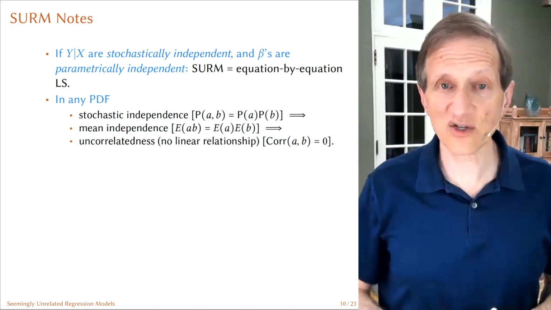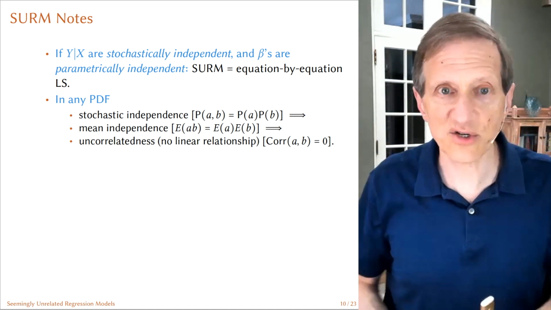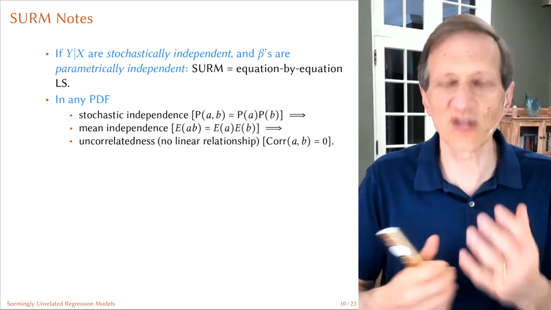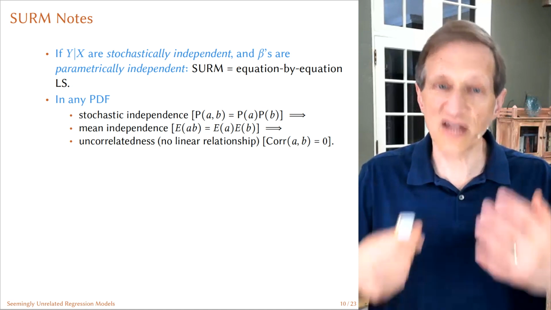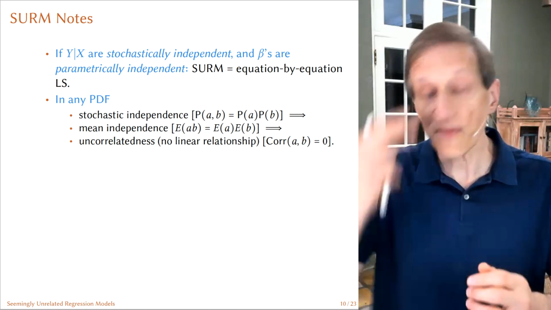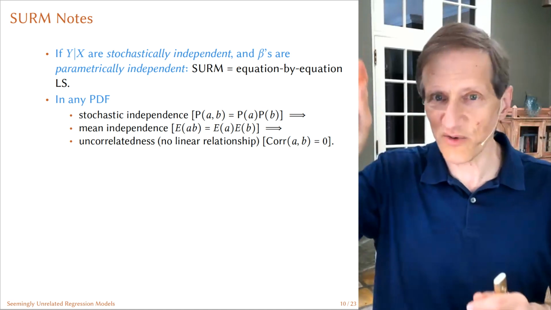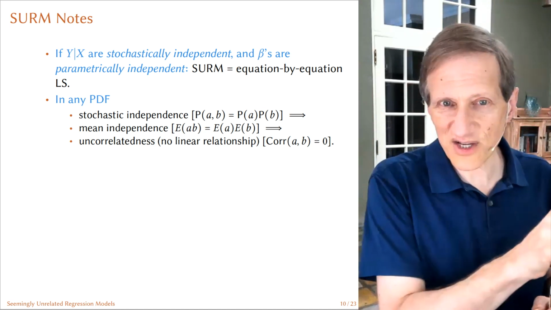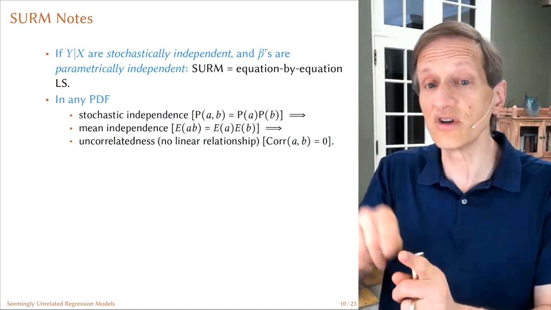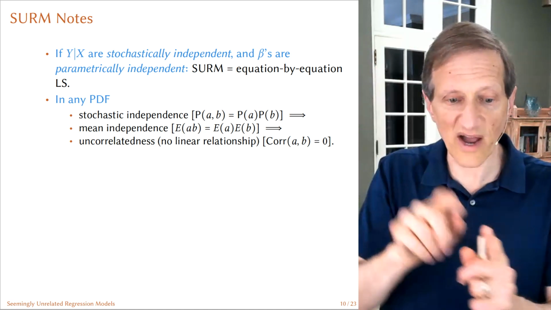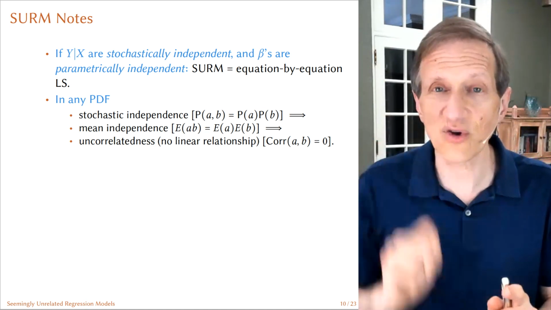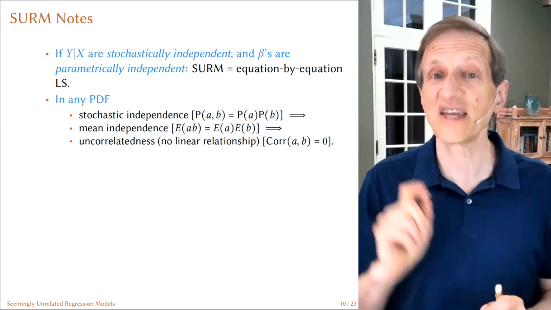Stochastic independence, what's that? That's a more full relationship among the variables. In fact, if there's any relationship among the variables, then they're not stochastically independent. Stochastic independence says that for the same regression, with y vertical and x horizontal, for every value of x there's a distribution of y, and those distributions under stochastic independence are the same.